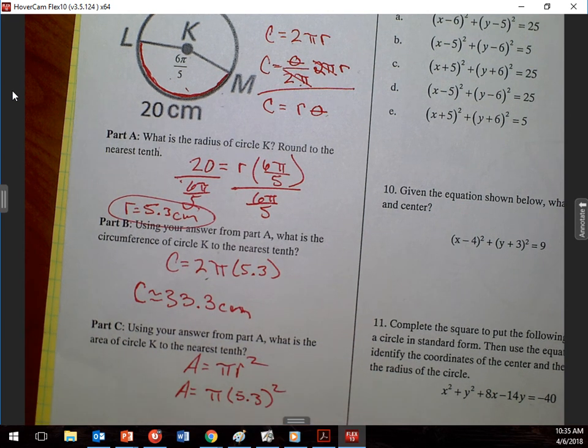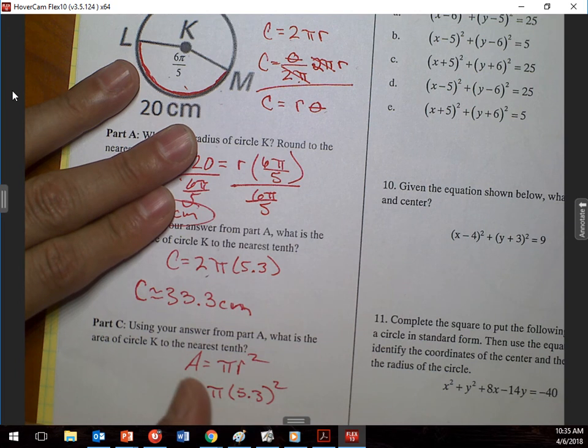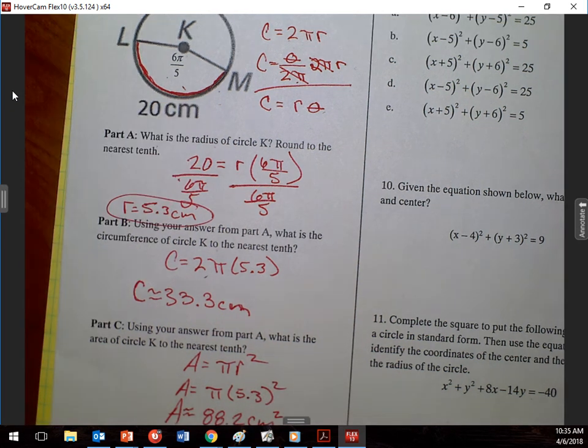These should be very easy as long as you get your first one. 88.2 to the nearest tenth. And since it's area, what would my units be? Centimeters squared. Very good.